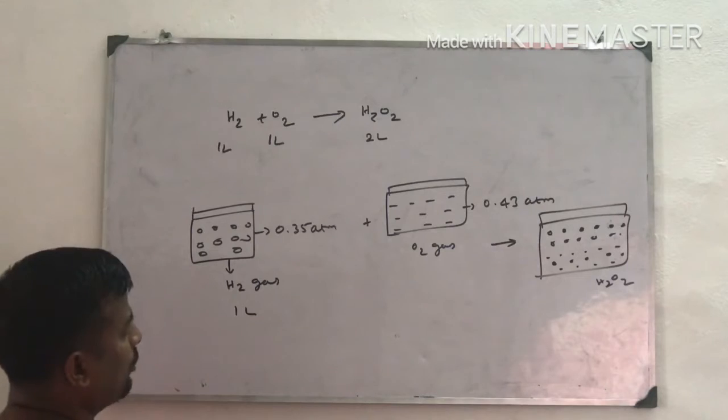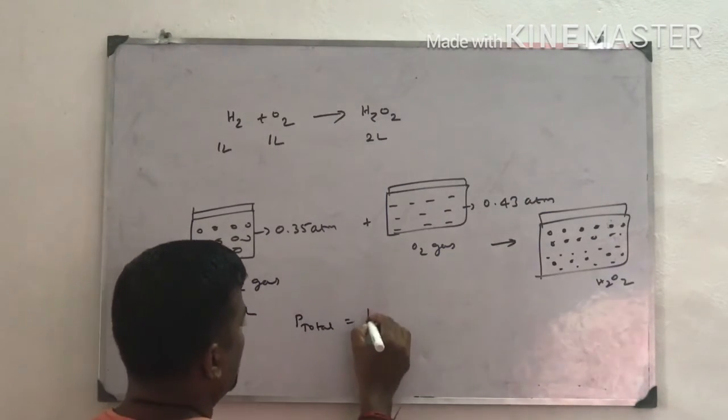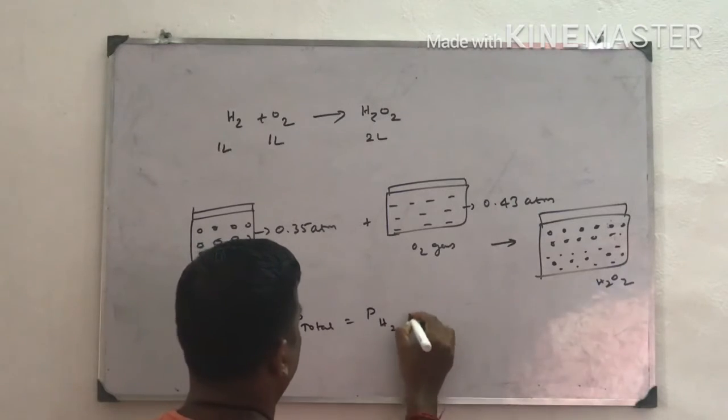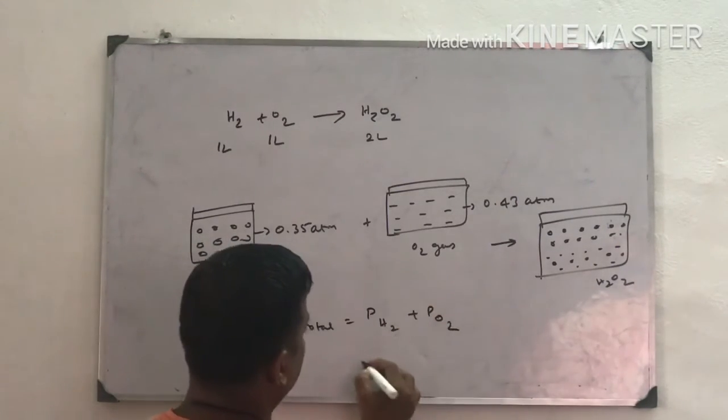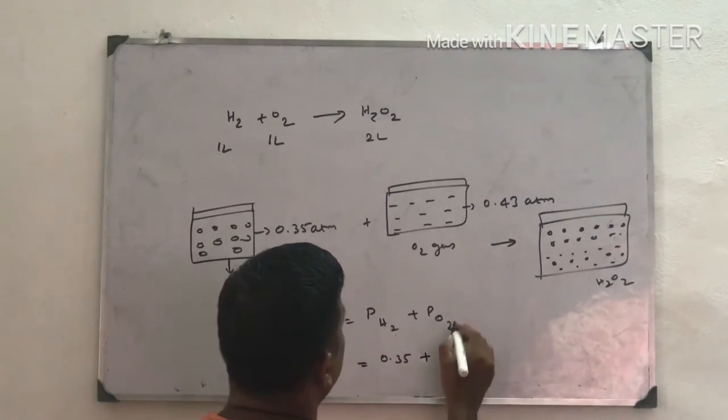Now we are going to find the partial pressure. P total is equal to PH2 plus PO2. What is the pressure of H2? 0.35.